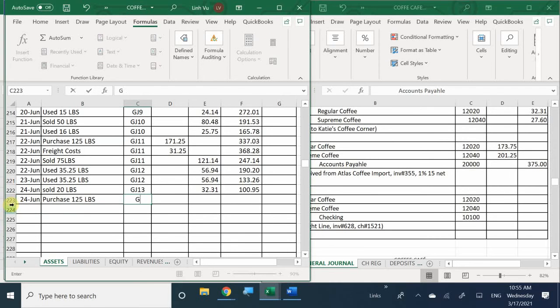No worries. General journal number 13. We're still on 13. And we're increasing it by 173.75.